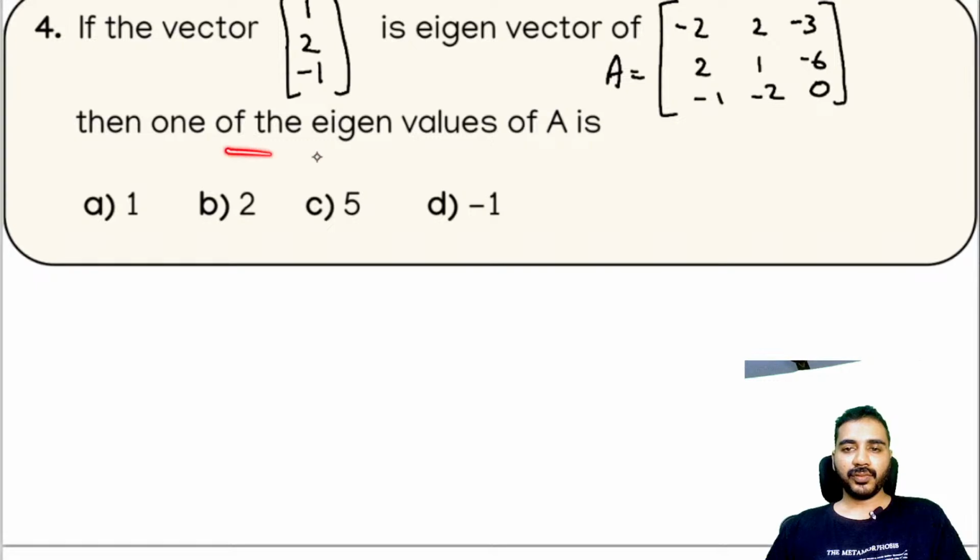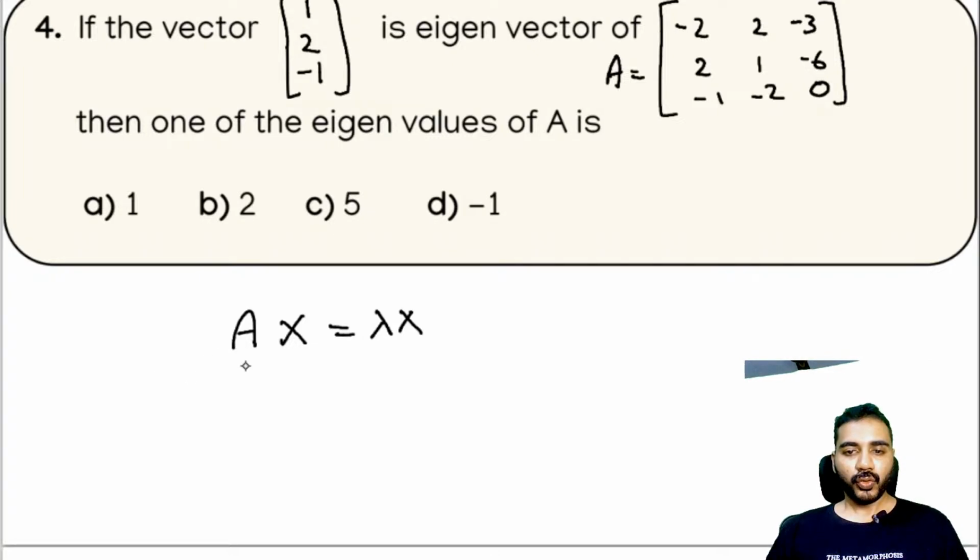Then find one of the eigenvalues. Since one eigenvector is given, we need to apply the eigenvector equation Ax equal to lambda x. So just multiply, we will get one eigenvalue, and let us check whether that is in our options.